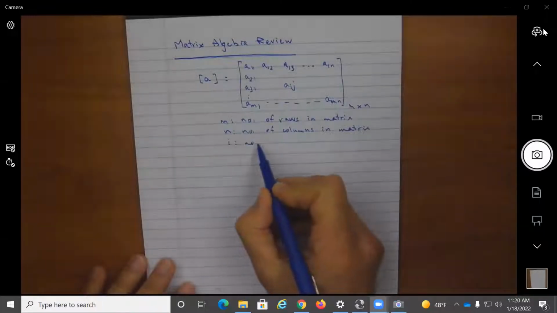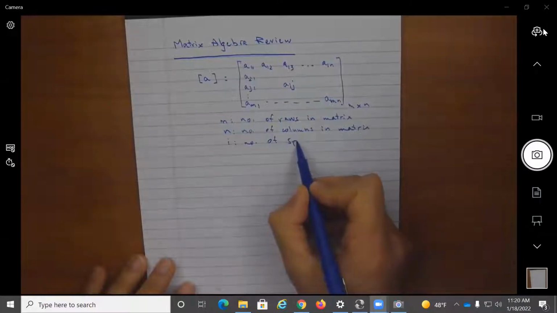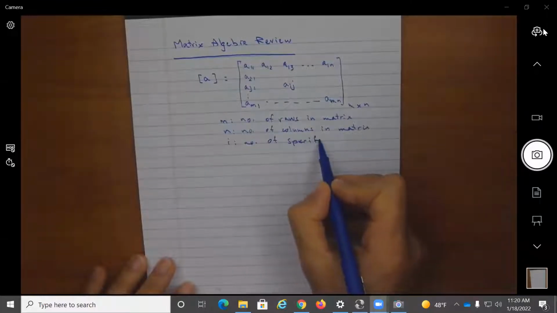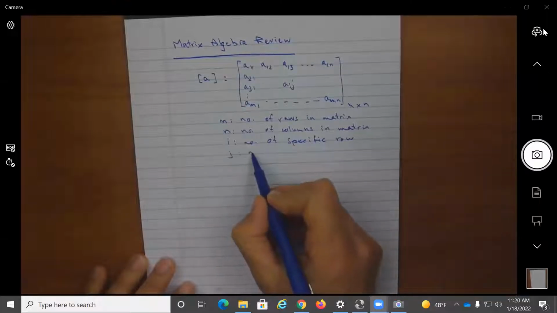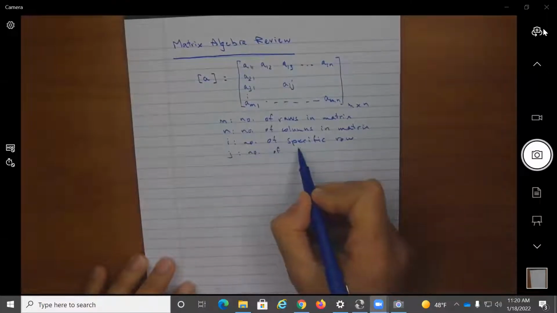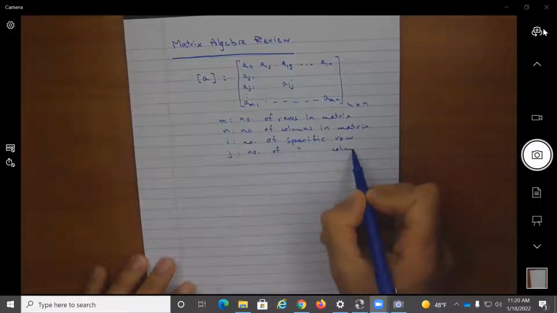I, number of specific row, and J, number of specific column.